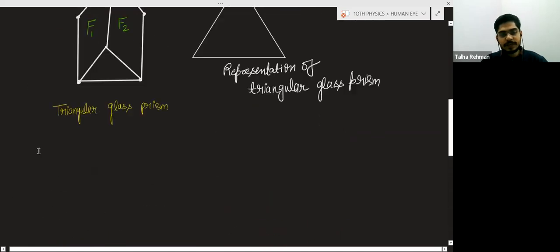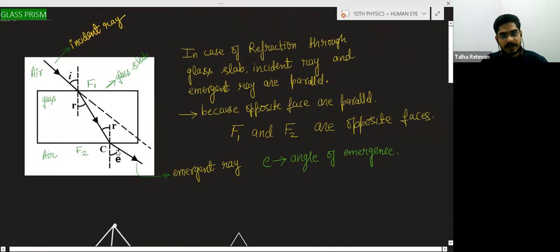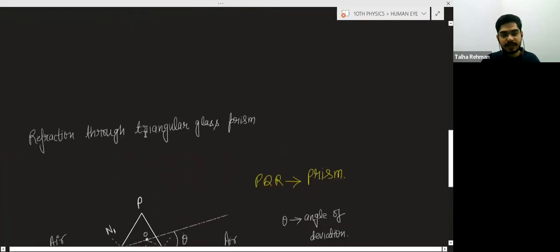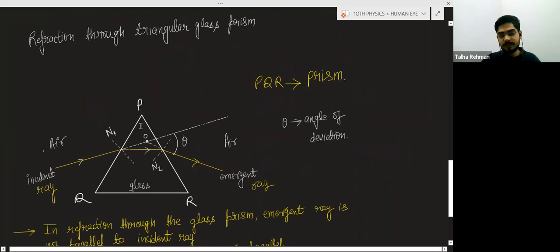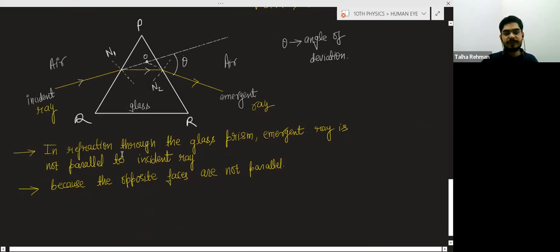Now you can see that the incident ray and emergent ray are parallel in the case of a glass slab because the opposite faces are parallel. But in the case of the glass prism, the incident ray and the emergent ray are not parallel. There is a certain deviation. So you can say that in refraction through the glass prism, the emergent ray is not parallel to the incident ray. Why?